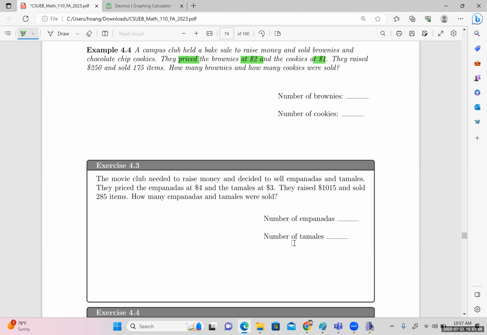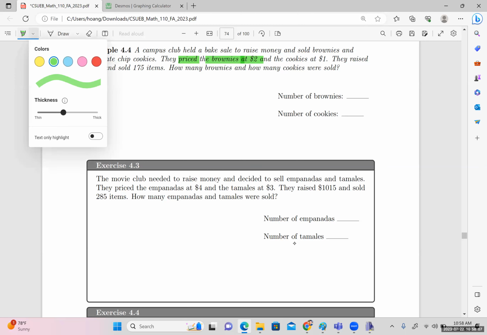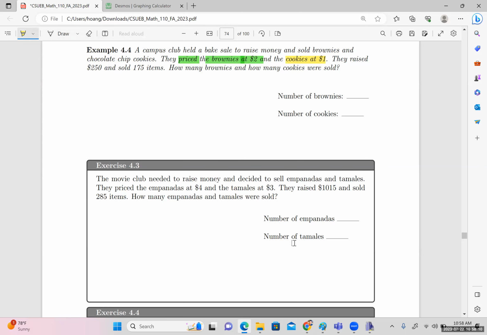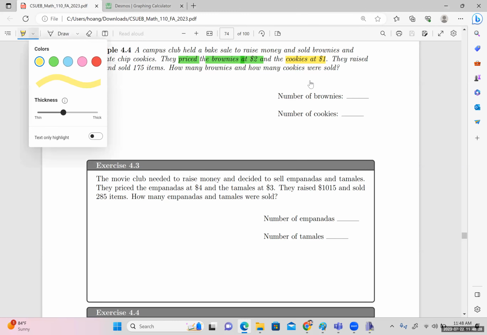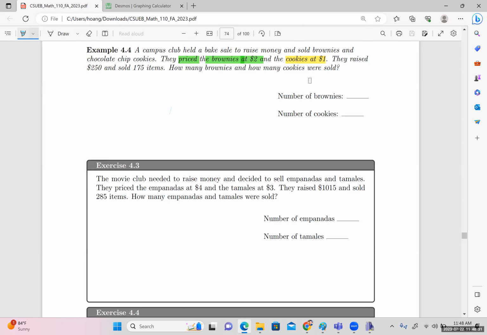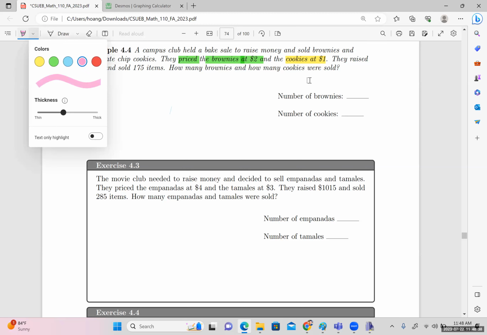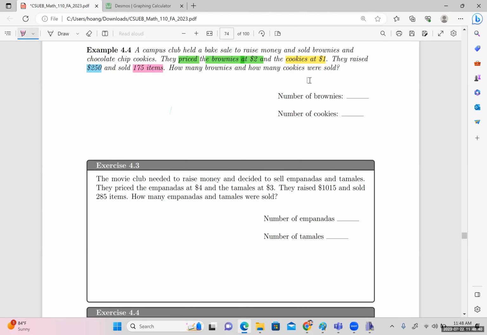And they raised, maybe I'm going to use another color for this. So they raised $250 and sold 175 items.